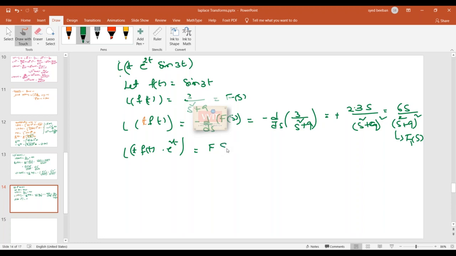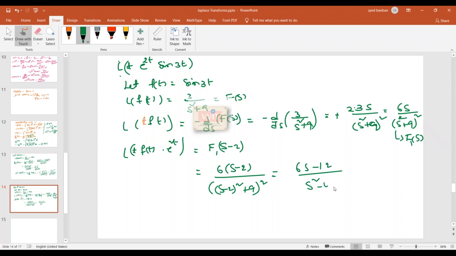This equals 6 times s minus 2 divided by s minus 2 whole square plus 9 whole square. Either you can write like this or you can simplify further: 6s minus 12 divided by s square minus 4s plus 4 plus 9, that is 13, whole square. So this is the final answer.